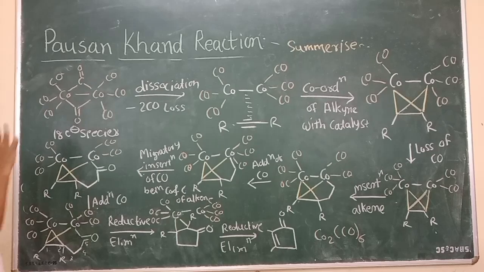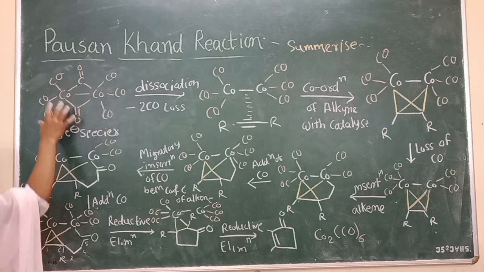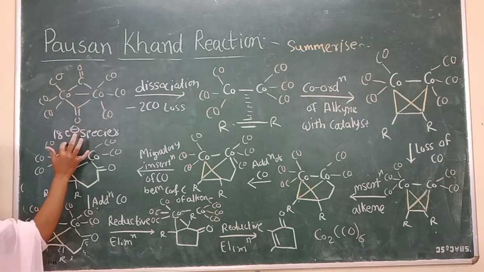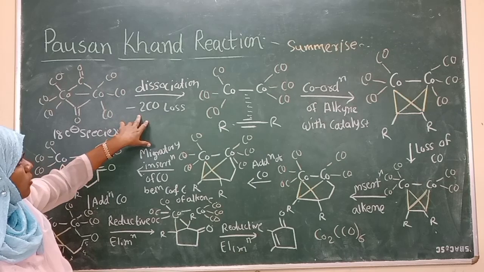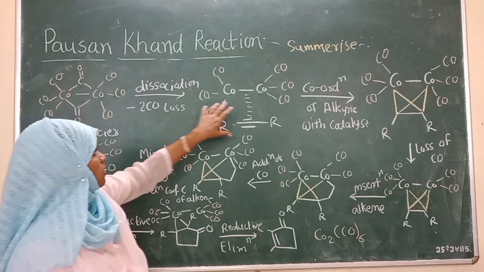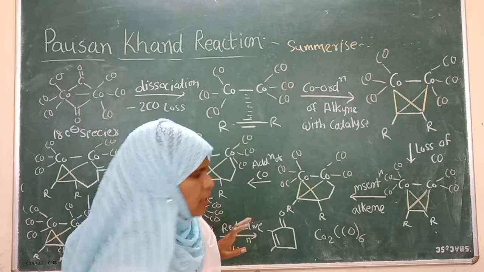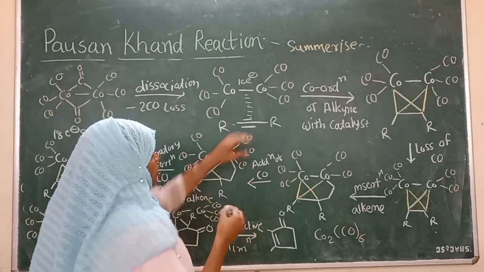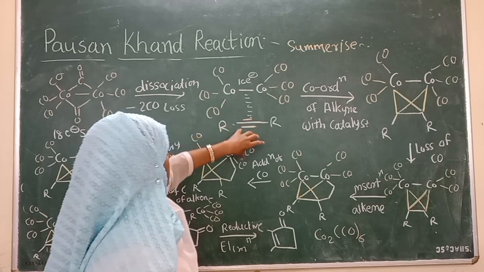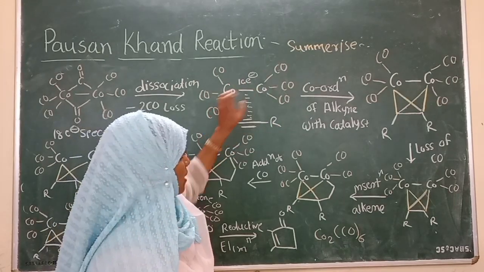Now, this mechanism will be summarized in some steps. First, our dicobalt octacarbonyl species, which is an 18 electron species, undergoes dissociation and 2 molecules of CO are lost. Here, we get a 16 electron species, which coordinates with the alkyne.